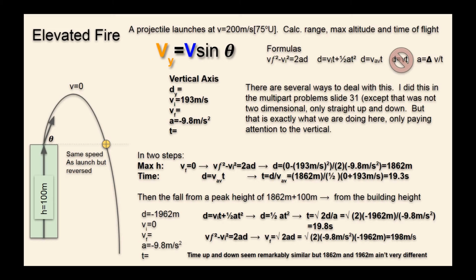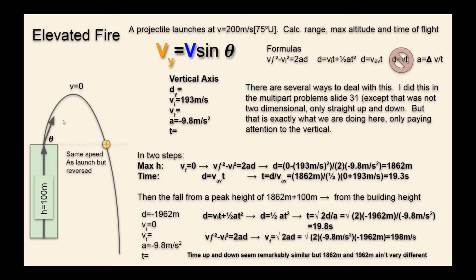Now, there's also that the time up was 19.3 seconds and the time down was 19.8. Geez, that's hardly any difference. Are you telling me the time up to this peak was only slightly shorter than the fall all the way down? It's that diagram again in your brain. The building's 100 meters tall in my diagram. The peak height, where v equals 0, is 1,862 meters tall.